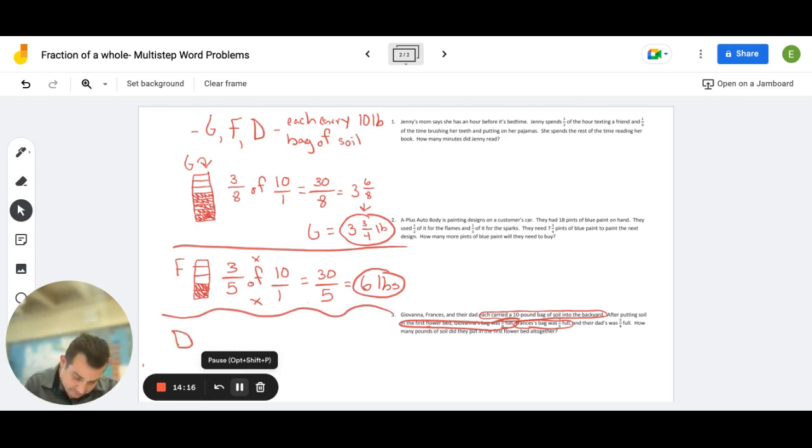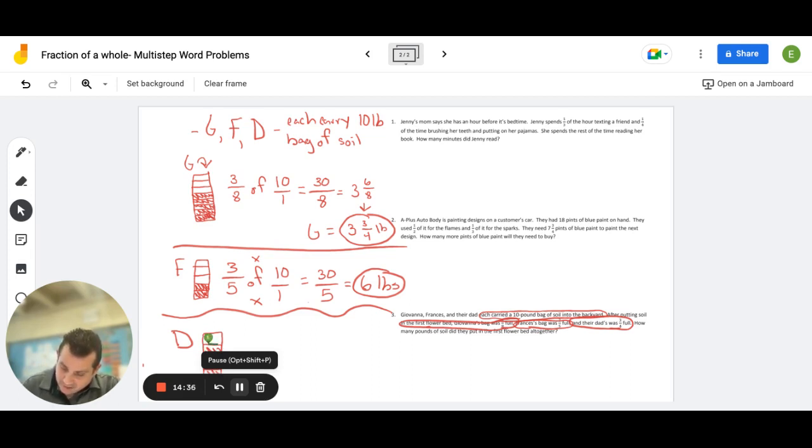Dad's bag was 3/4 full. So I'm going to draw the model of his bag. 1, 2, 3. 3/4 full. So 1, 2, still had 3/4 left, which means Dad only used 1/4.